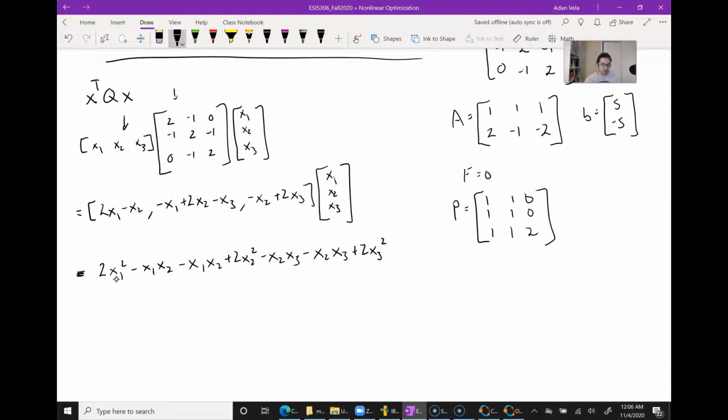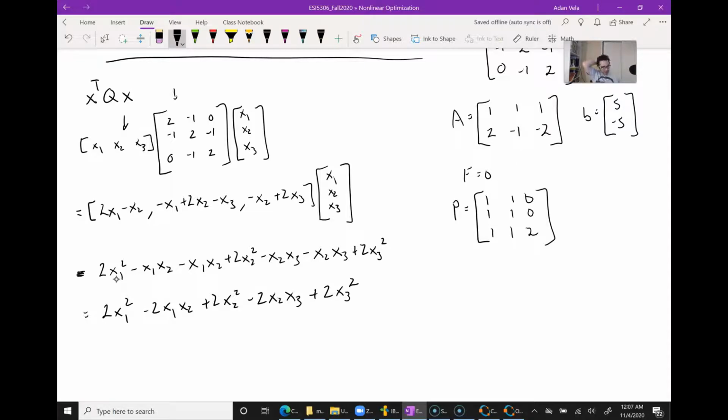We can do a little bit of simplification here, and we end up with 2x1 squared minus 2x1 x2 plus 2x2 squared minus 2x2 x3 plus 2x3 squared.